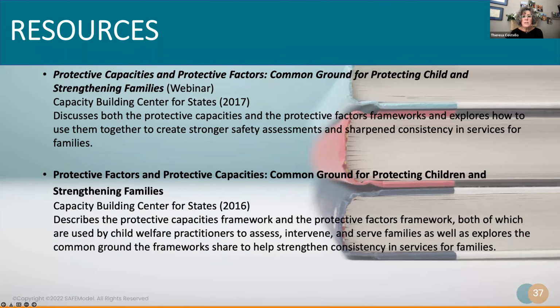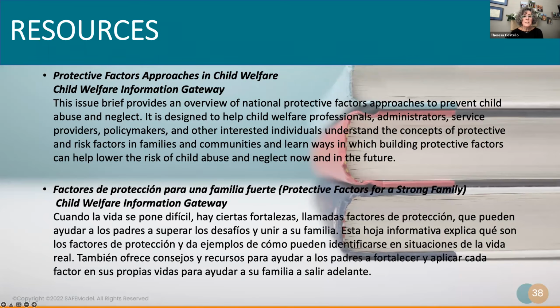There's a couple of resources here related to the protective capacities and protective factors. There's reference to a webinar that was done a few years ago that talks about both frameworks and how they are compatible. And then there's also an infographic that was put out by the Capacity Building Center for States that is helpful in understanding the two frameworks. And then the last resources, there's a protective factors approaches in child welfare, again, from the Gateway.